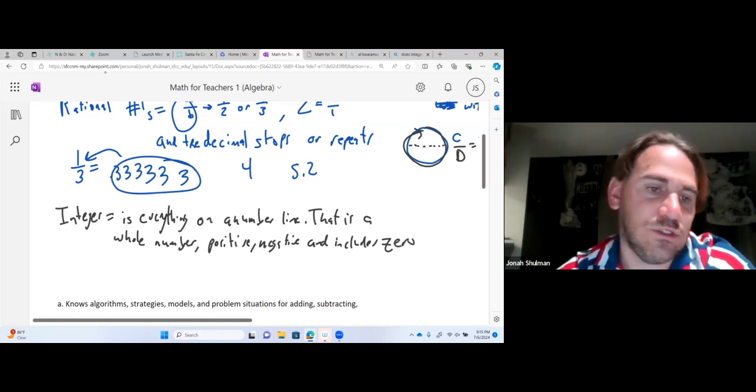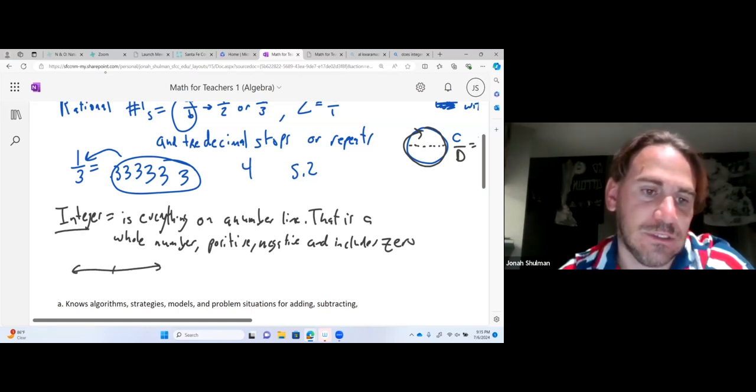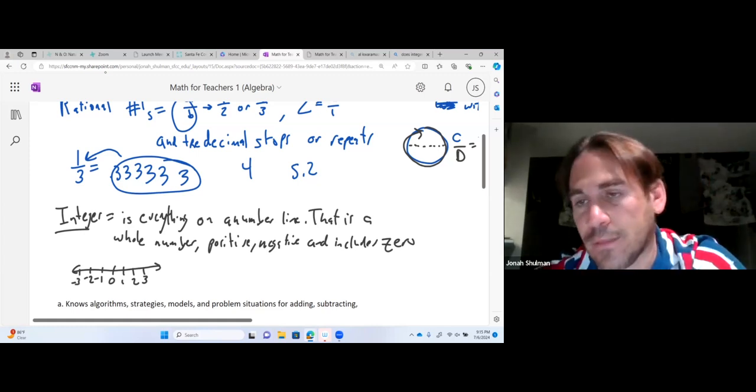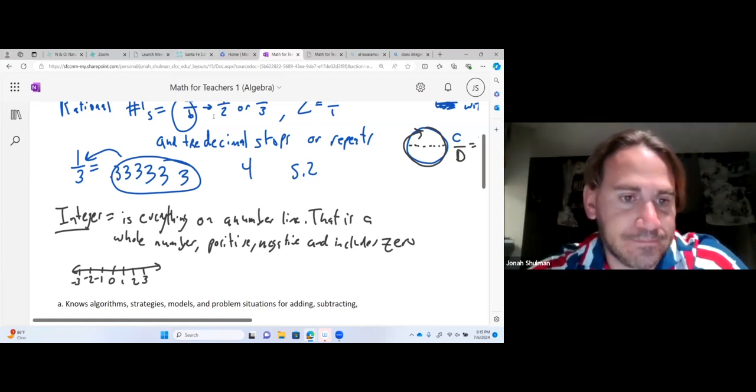Ta-da! So when you're talking about integers, you can just show students a picture of a number line with 0 in the middle. 1, 2, 3, -1, -2, -3. Ta-da! So that's everything there.